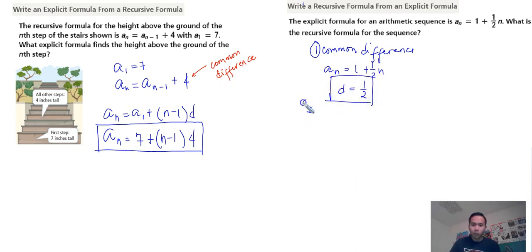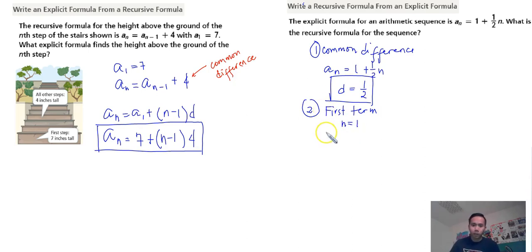Step 2 is we have to find the first term of the sequence. So what will be the first term? To find the first term, we let n be 1.